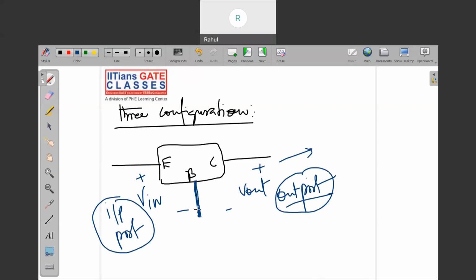The terminal which is common to both is the base terminal. That's why it is known as the common base configuration.